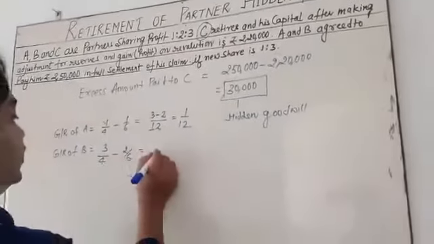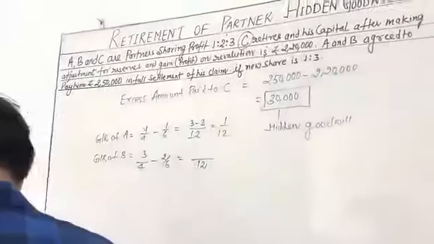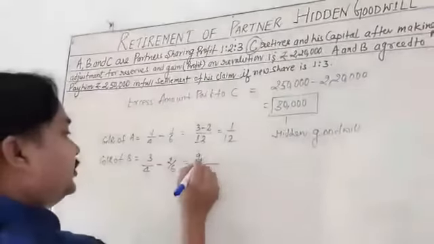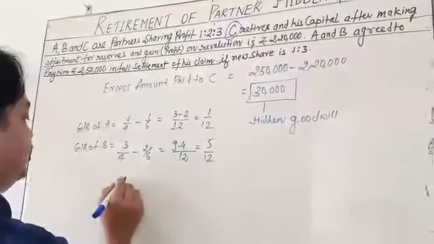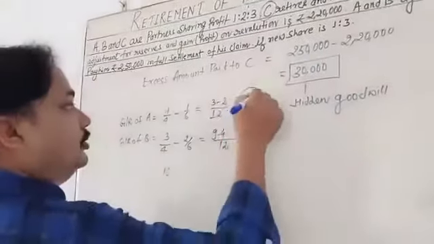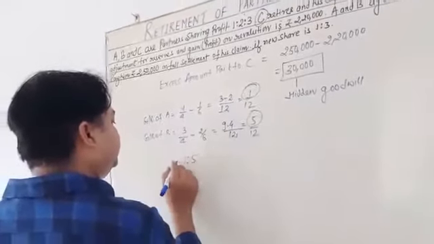Over 12, that is 9 minus 4, equal to 5 by 12. So the gaining ratio is 1:5.